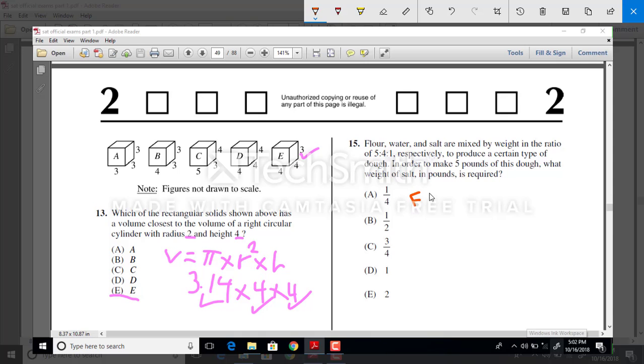Flour to water to salt, F to W to S. What's the ratio? 5, 4, 1.